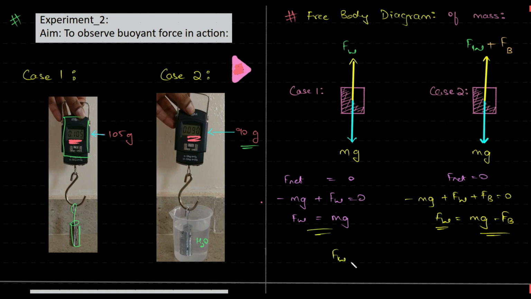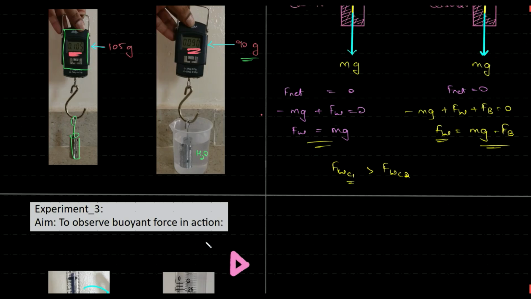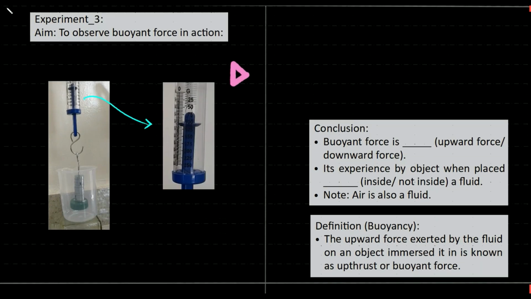In case 1, the weight experienced by the weighing machine will be a bit more than in case 2. Why is that? Because there is again an upward force because of the fluid. Agree?